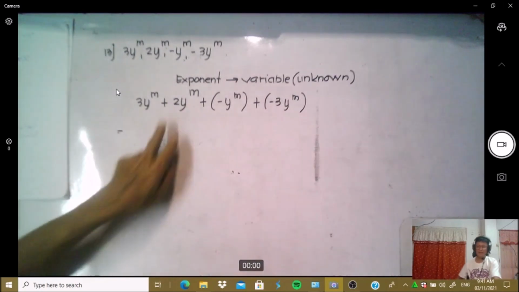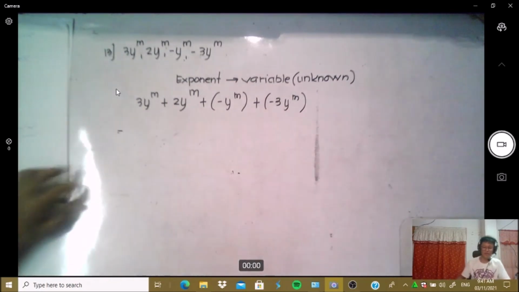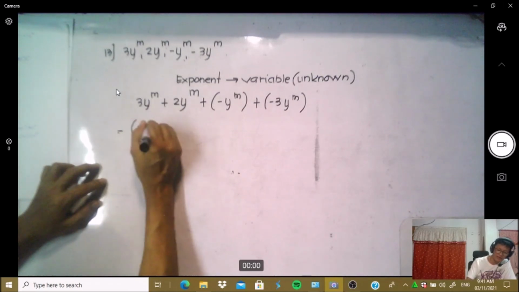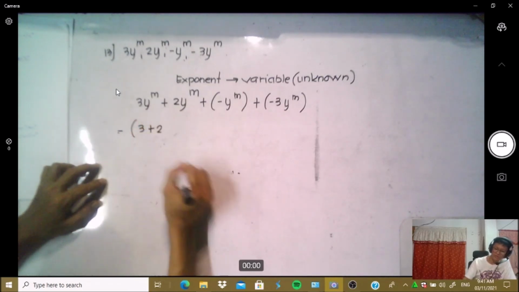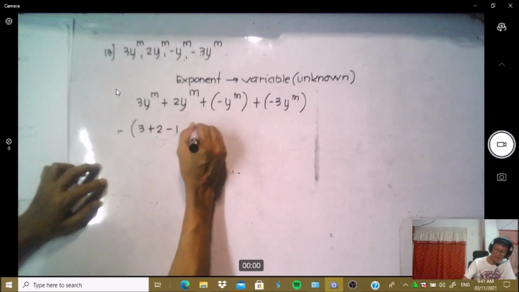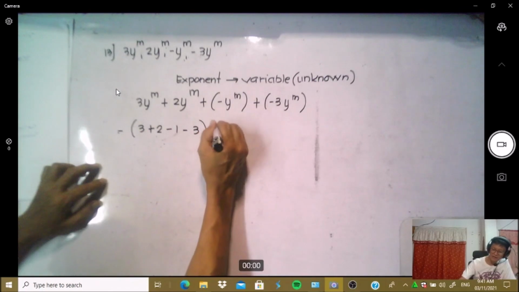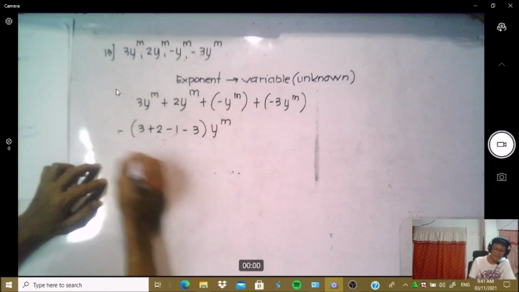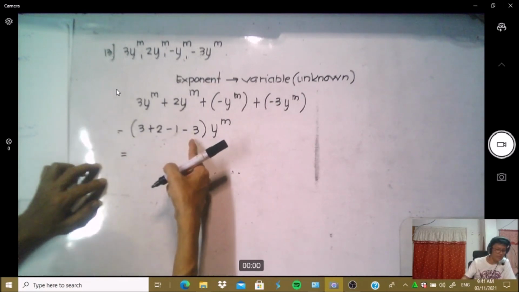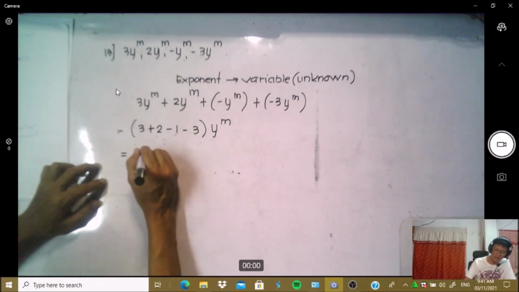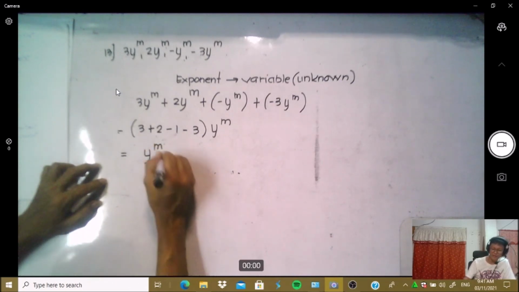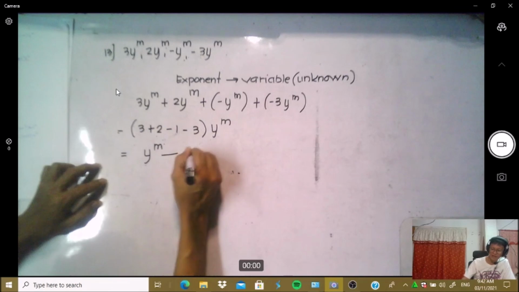So we have addition of monomials. We have 3 plus 2, then minus 1, minus 3, then y raised to m. We can cancel out 3 here. We have 2 minus 1, and therefore, our answer is 1y raised to m, or y raised to m. So this is our answer.